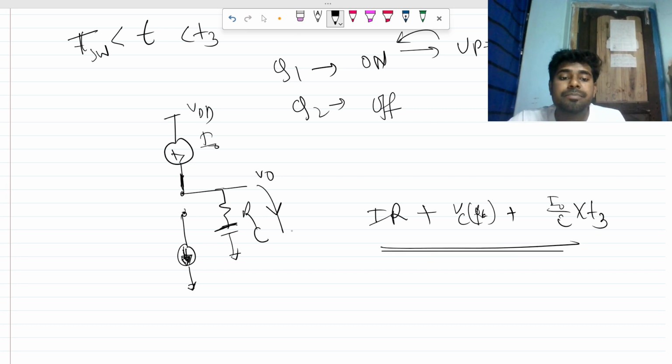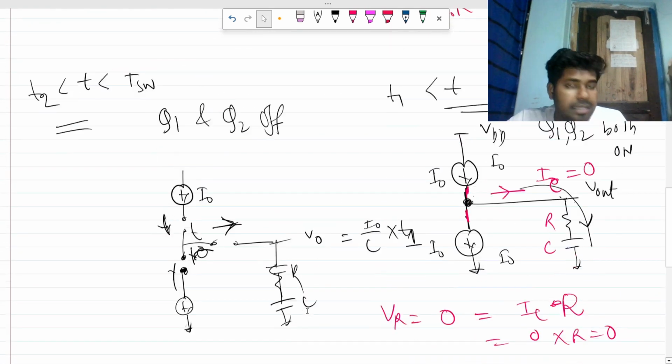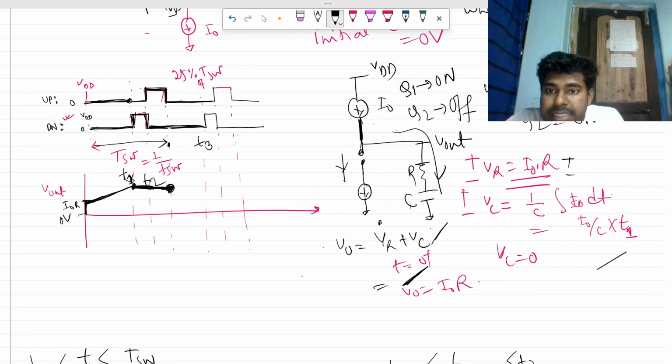And as in the earlier case, it will rise suddenly and then ramp up like this, and again it will hold up to the next, 2 TSW. So this is 2 TSW, and this will continue.